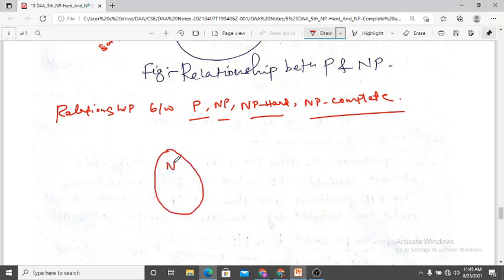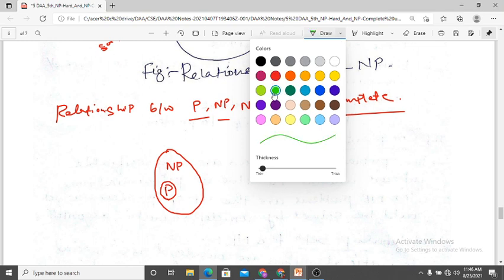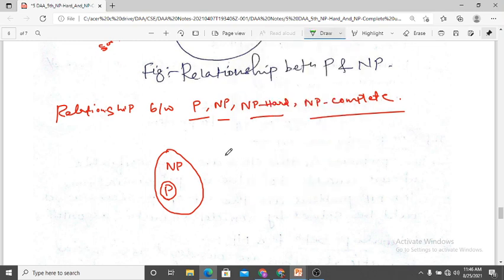This is NP and this is P. P is a subset of NP. Now we need to show the relationship with NP hard and NP complete. So here I will change the color to green, and this is NP hard.